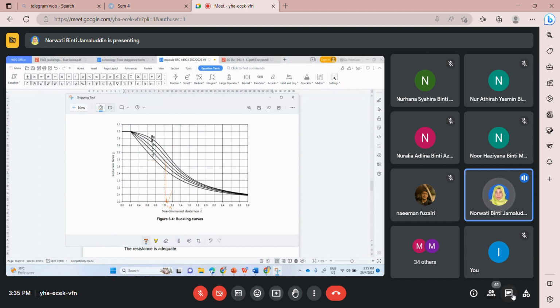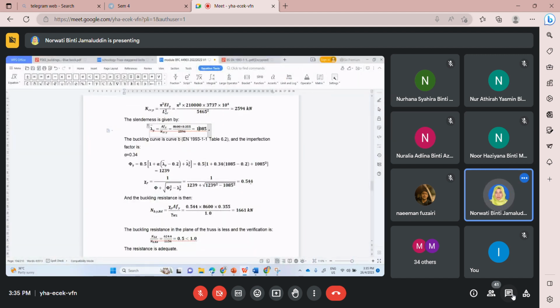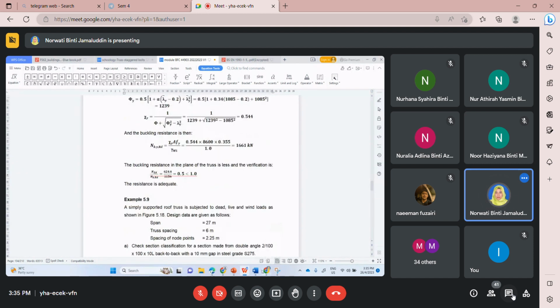So see, pentingnya, nampak ni kat sini. Okay, mine I got almost 0.55, but from the exact calculation, 0.544. See, it's quite close. Okay, next.